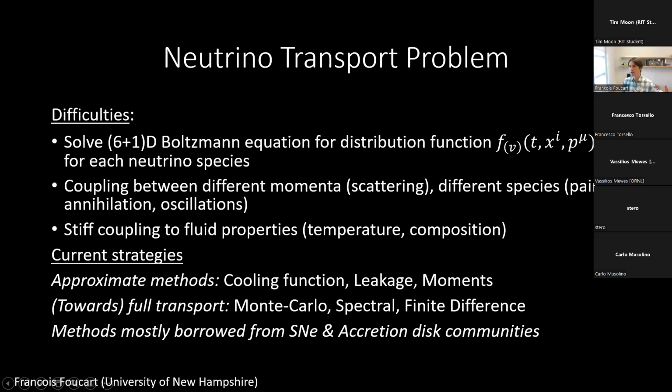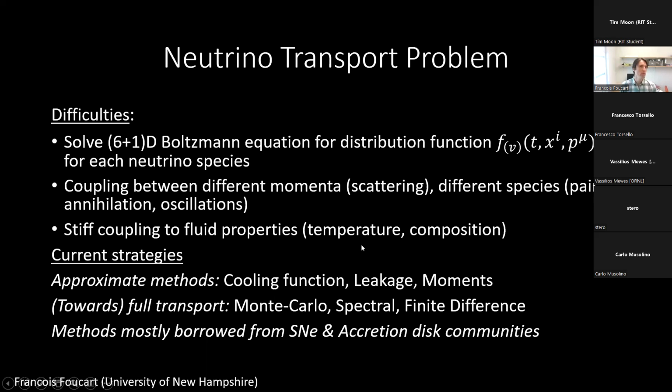And if those stiff couplings are not treated properly, for example, using implicit time-stepping methods, you can easily get numerical instabilities in your evolution and very unphysical evolution of your fluid and possibly your neutrino distribution function as well. But again, all together, this is a fairly complex problem to do properly, this Boltzmann transport.